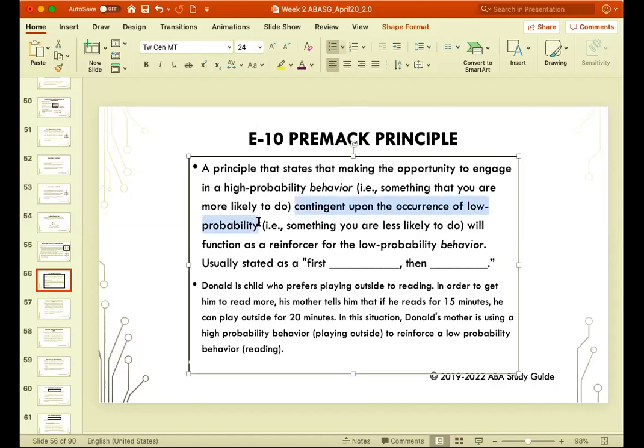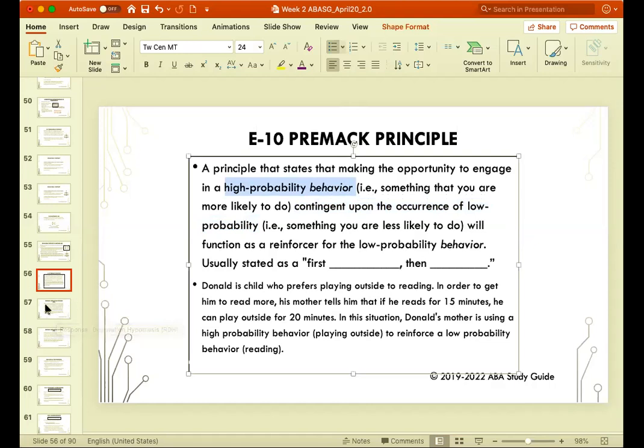So we can be looking at different stimuli, it's just not as simple as PP on the potty, then you can get a skittle. The arrangement of the high probability behavior contingent on the occurrence of the low probability behavior is the key. Response deprivation is the same thing, except the high probability behavior, you need to restrict that.